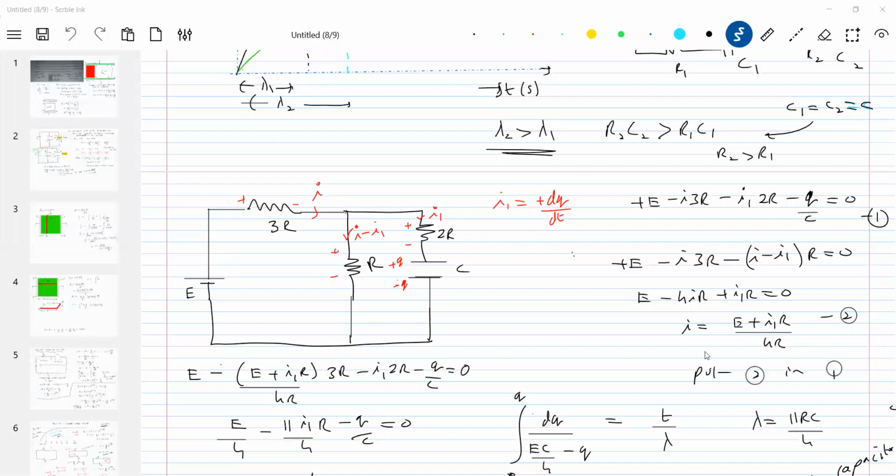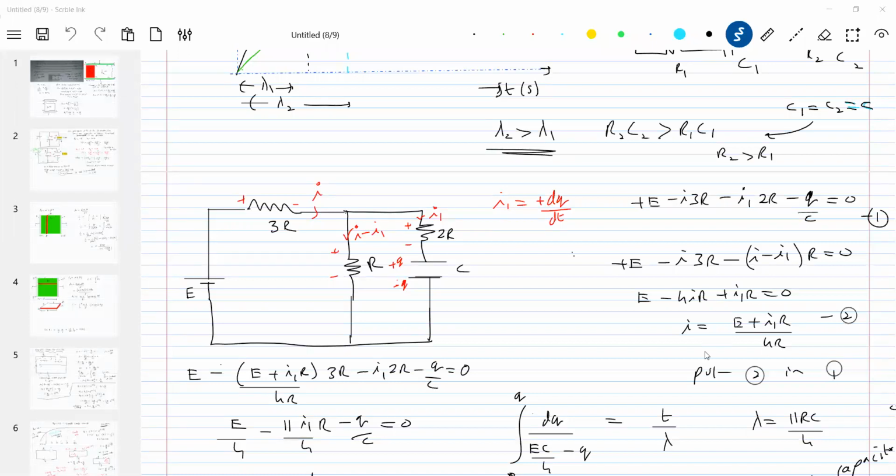Wait, I'll share it. What is the expression for steady state charge here?